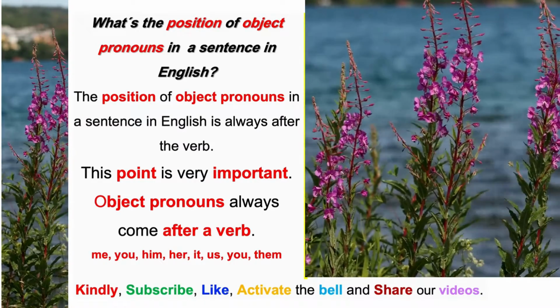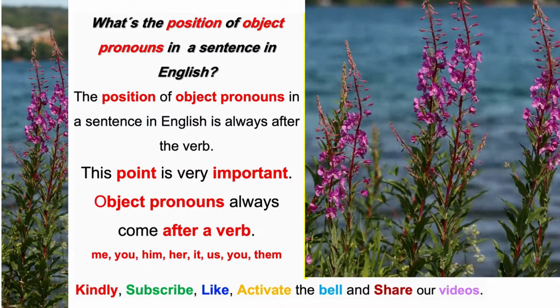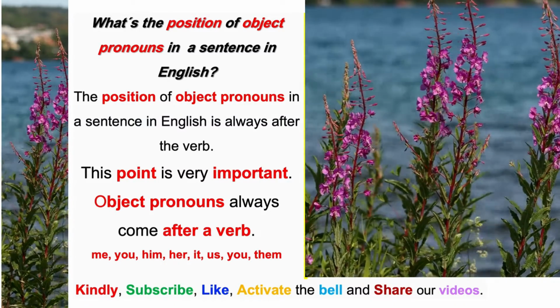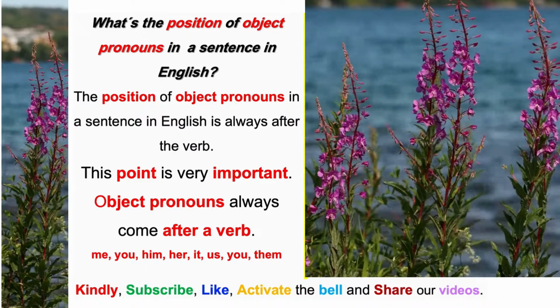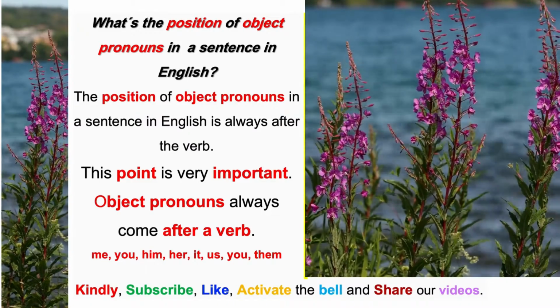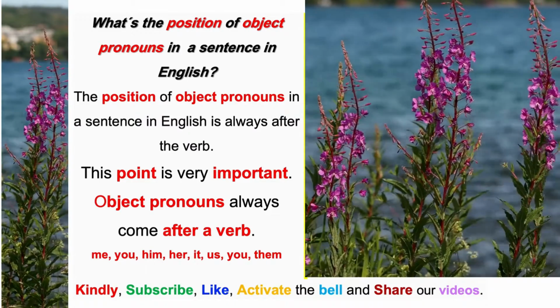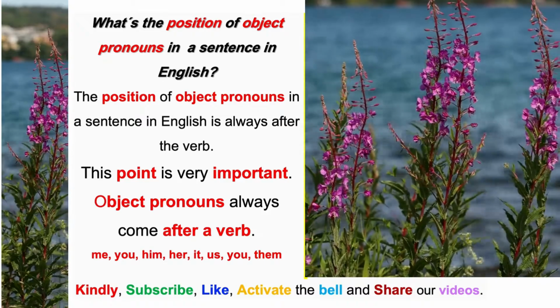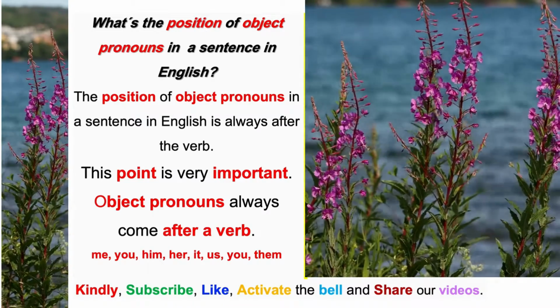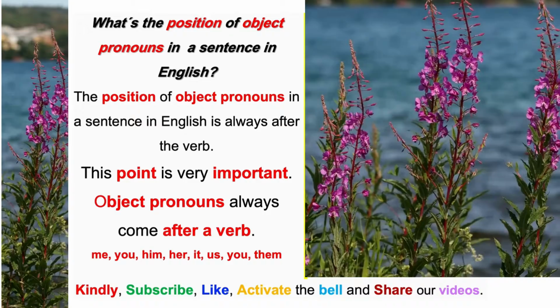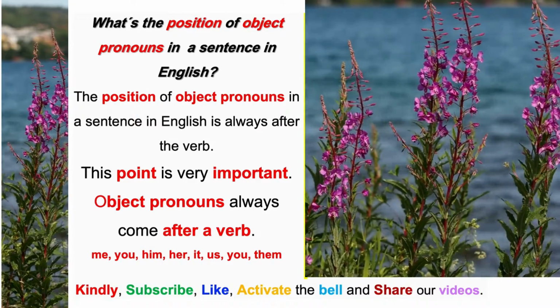For example, you help me, I help you, I help him, I help her, I help it, you help us, I help you, we help them. So these, they come after a verb.